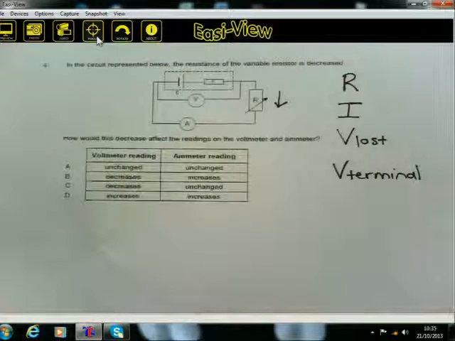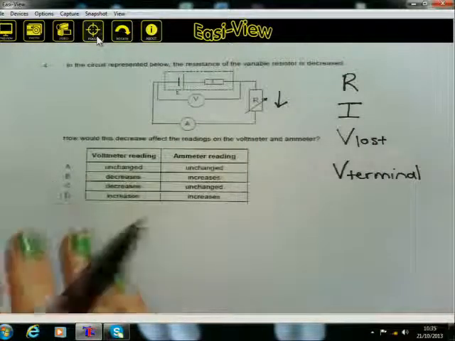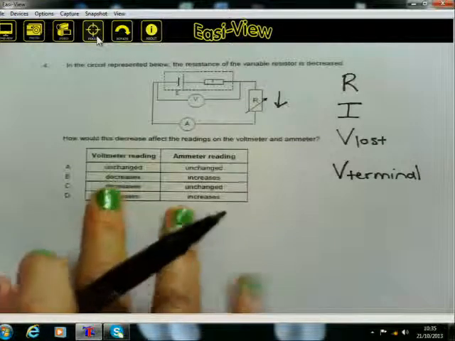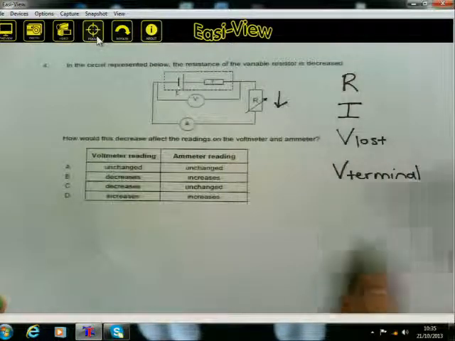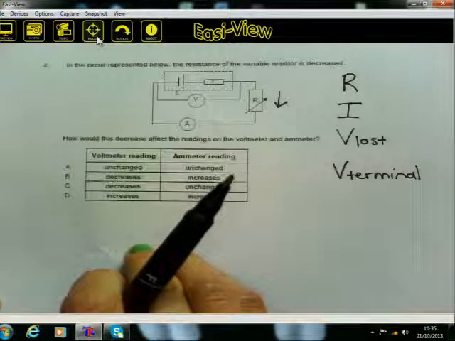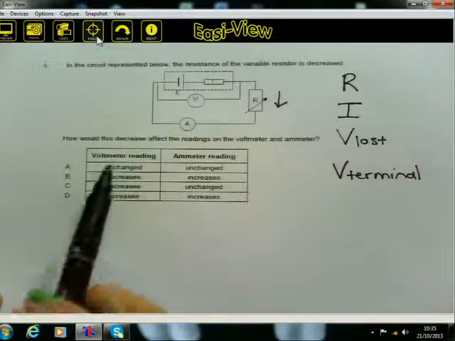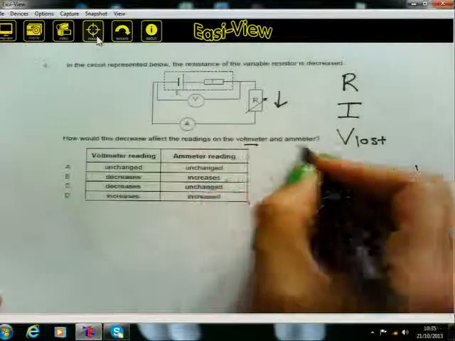Alright, so let's see our first variable. And when you get multiple choice questions, don't look at them and say, this one might be right. Go and calculate the answer and then pick your answer from the options below. The question is, how would this decrease affect the readings on the voltmeter and the ammeter?